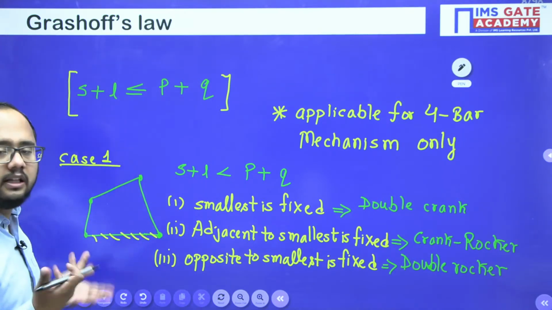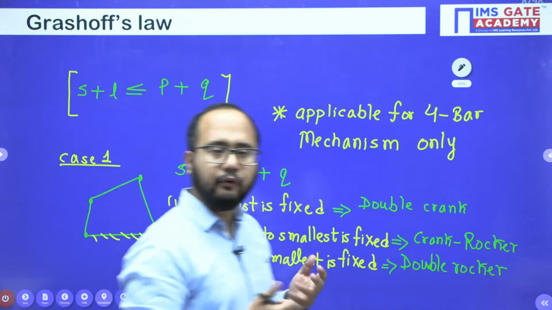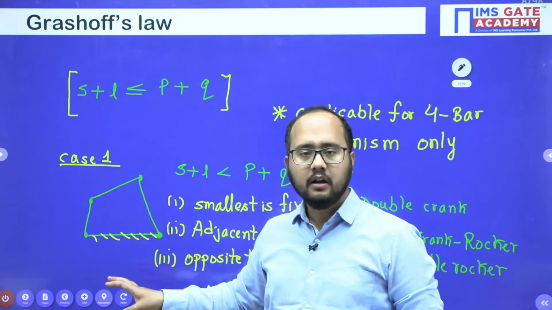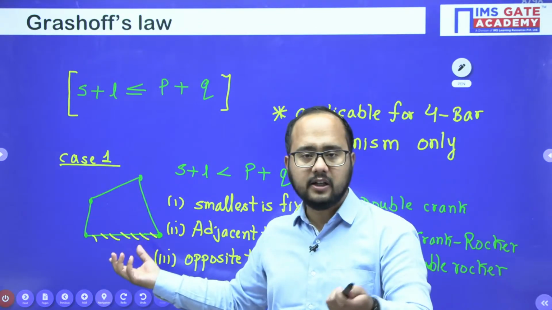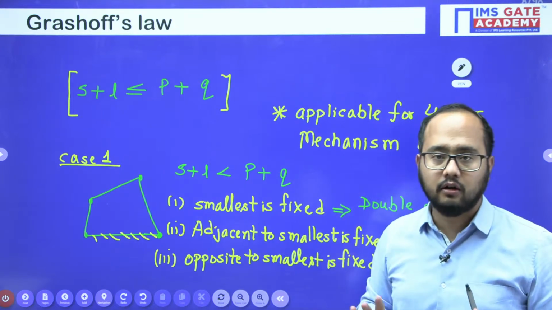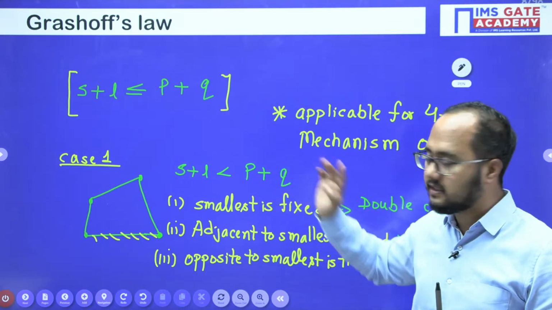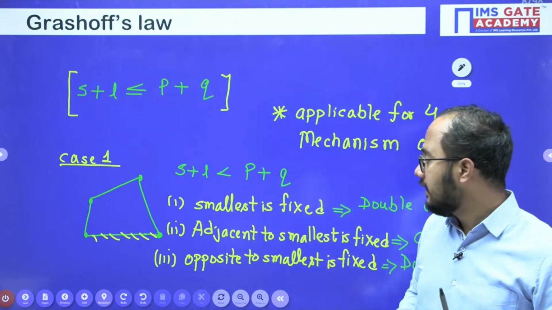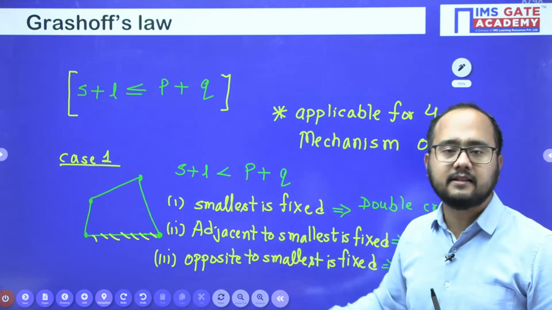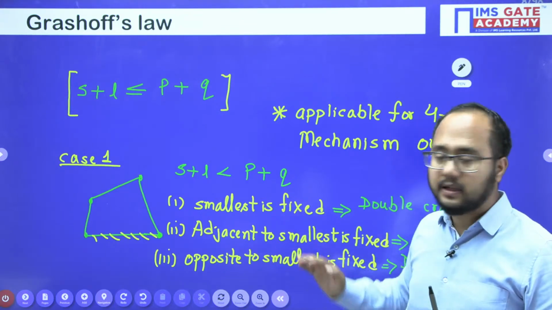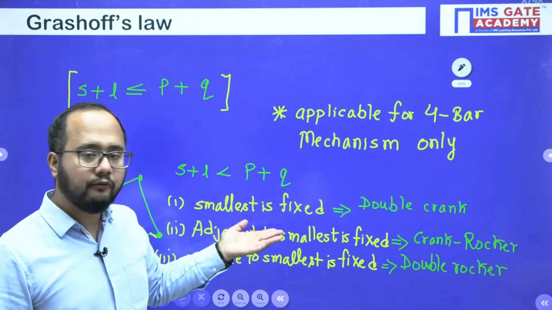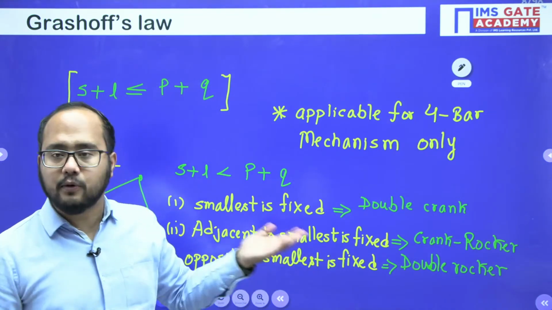So what kind of questions can they frame here? They will give different dimensions in the 4-bar mechanism, and obviously you can see which particular link is fixed, right? First of all, check whether Grashof's law is valid or not. If it is valid, then consider this case. Now if this case is possible, these 3 sub-cases will be there: smallest fixed, adjacent to smallest fixed, or opposite to smallest fixed.